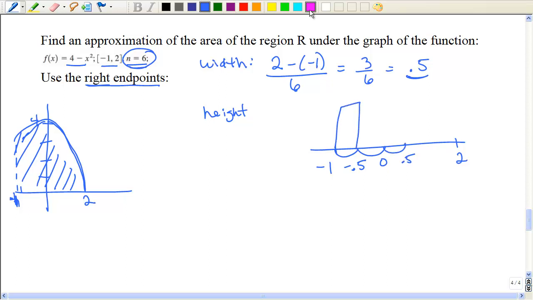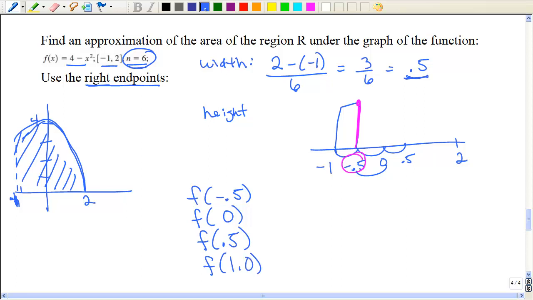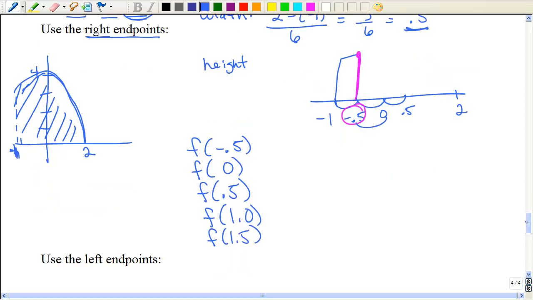So my first rectangle, I want to use the right endpoint. So that's going to use that number. So I have f of -0.5, and then I'm going to add 0.5 to that, add 0.5, add 0.5, add 0.5. Let's see, I've got 1, 2, 3, 4, 5. I need 6 of them. Okay, so I'm going to end up at 2 because that's on the right-hand side.